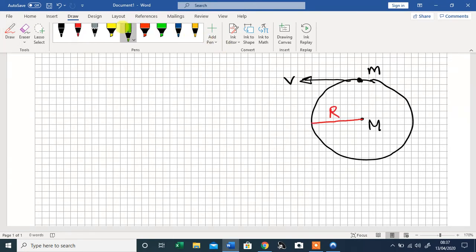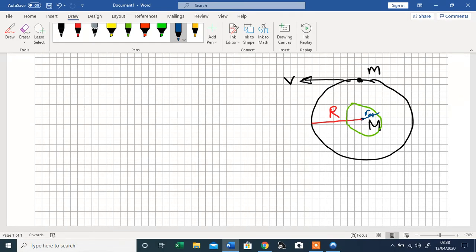And if we draw in Mars's surface, it goes round something like this. Now, I know that's not a brilliant circle, but we can draw in the radius of Mars, which is R sub m.